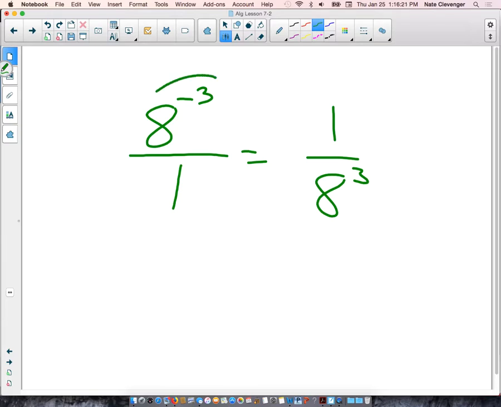If I had 1 over 3 to the negative 5th, in order to get rid of the negative exponent, I take this up. Once the negative sign hits the fraction bar, it trips it and becomes 3 to the 5th.